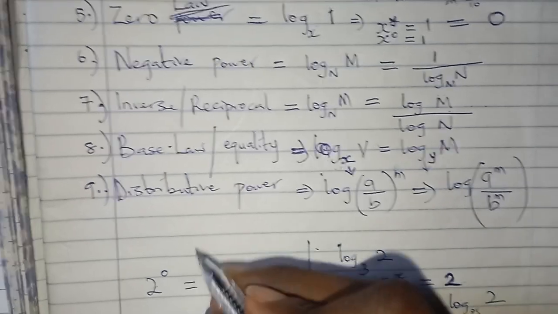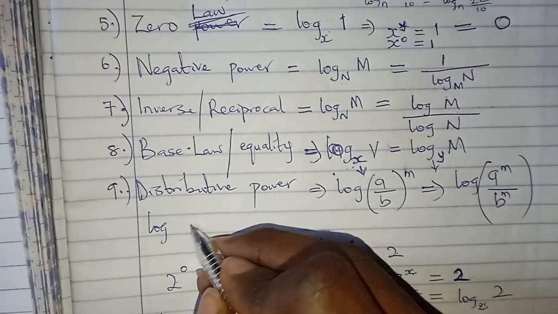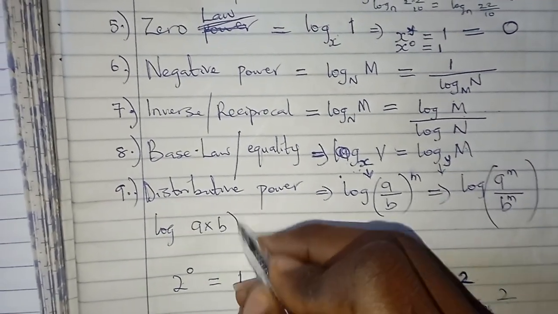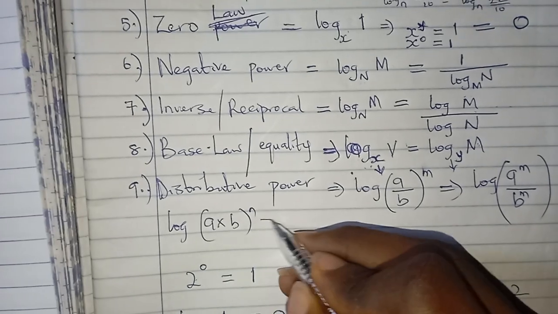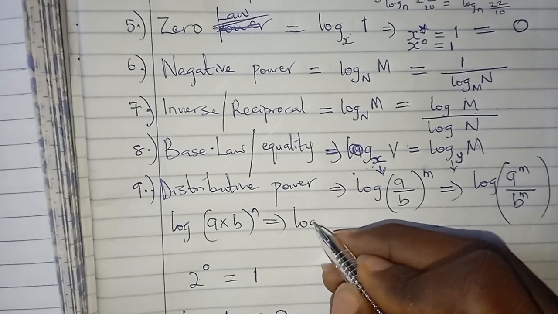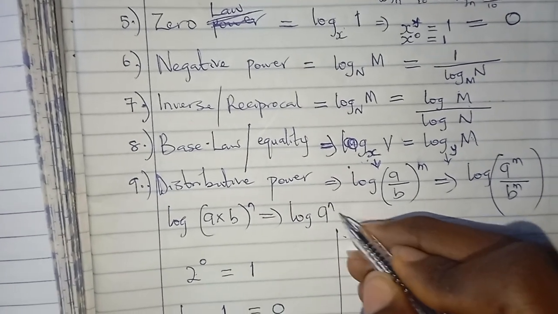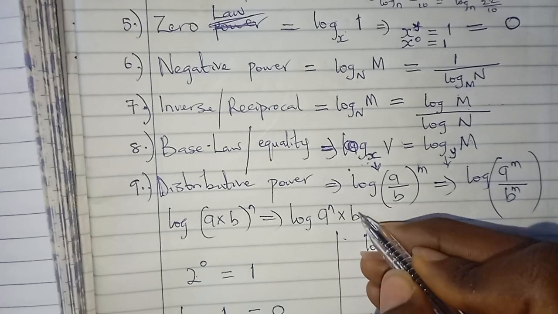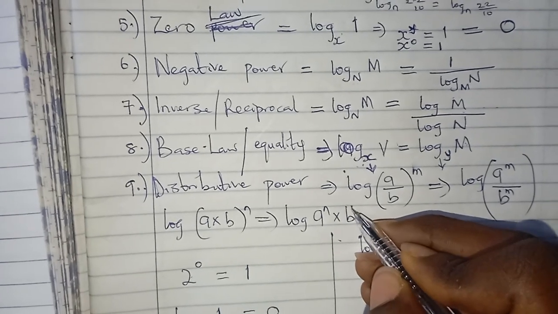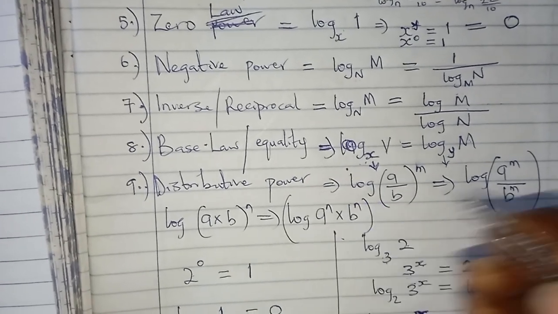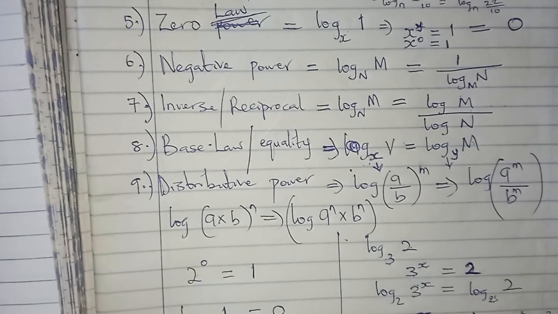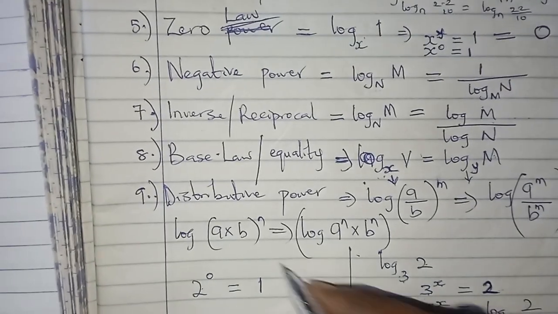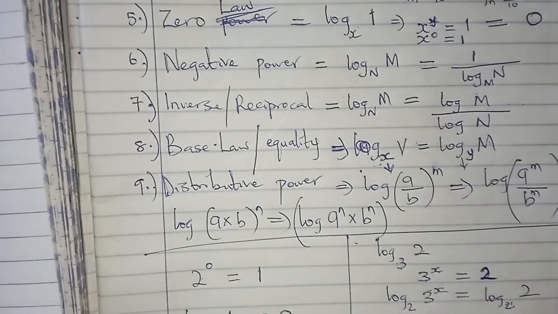And if I have log of (a times b) raised to power n, this is the same thing as saying log a raised to power n times b raised to power n. Very important. So there you have it.